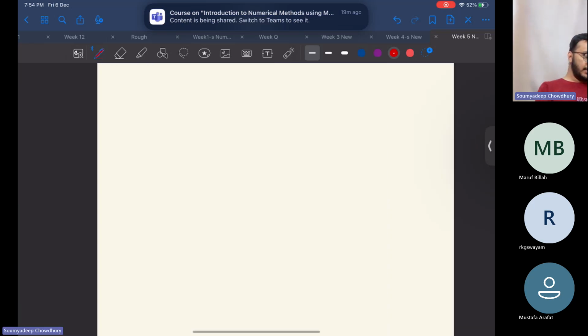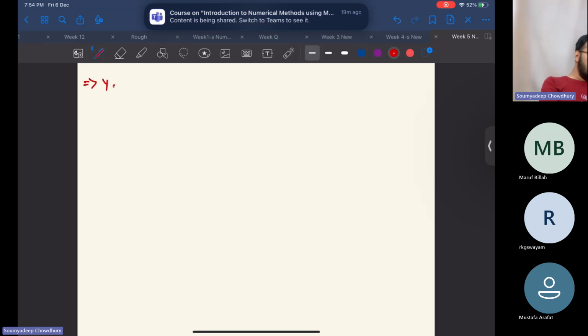If we simplify this, we'll get y2 equals y3 by 2 plus y2 cubed by 4 minus 1 by 2. So this is my first recasting function, which is g1 of y2 comma y3.